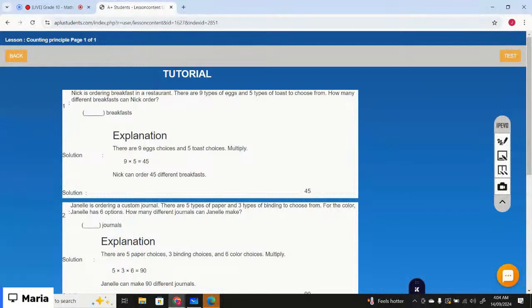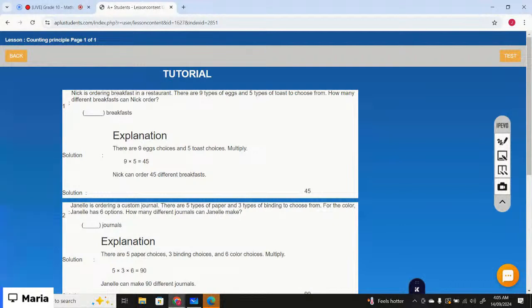So you have to do 9 times 5, right? Because you have 9 choices for egg and 5 choices for toast. So 9 times 5 is 45. That means Nick can order 45 different breakfasts.